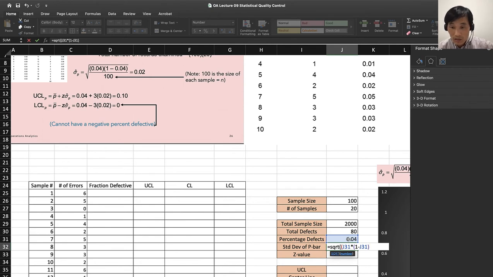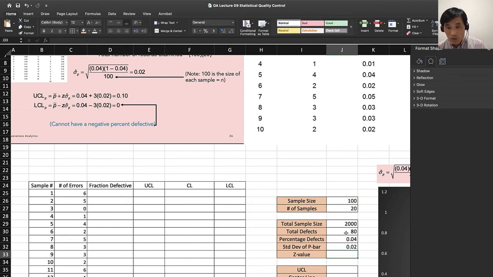And then the numerator was done. So now the denominator equals divided by 100 because that's the sample size. To finish, I'm going to click on that and close the parentheses. Then we have 0.02 as we calculated here. We have the standard deviation of p bar here.